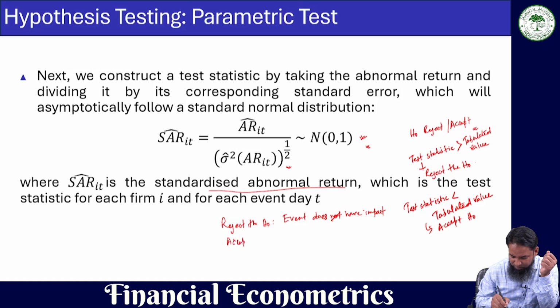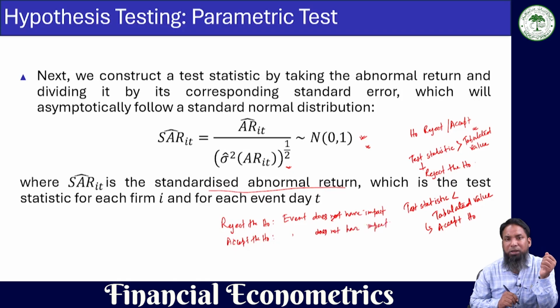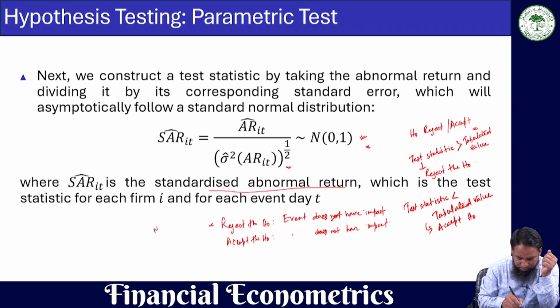If we accept the null, that means the event does not have impact. Now, in terms of market efficiency, what we can say by looking at this result, if you are able to reject the null, that means the market is inefficient. However, if you are accepting the null, that means the market is efficient.